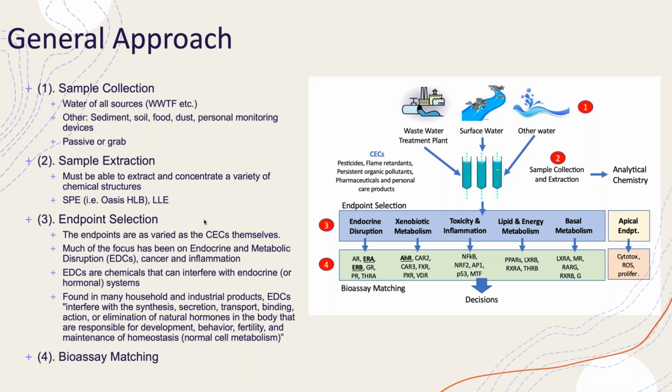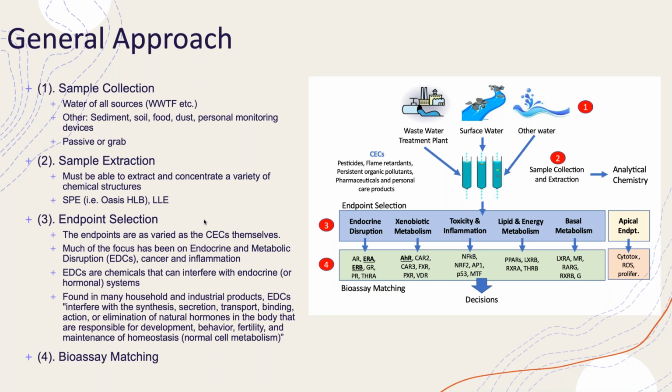A lot of the recent studies using these bioassays have focused in on a very important subset of contaminants, and those are the ones that are called endocrine disruptors, or I like to call endocrine and metabolic disruptors to be more inclusive for these types of chemicals.